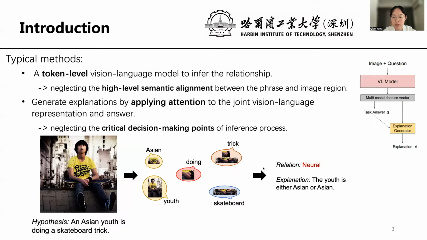Secondly, the above methods generate explanations by solely applying attention to the joint representation, neglecting the critical decision-making points of relation inference. Thus, the explanation is usually confined to limited words. For example, it only attends to Asian use and is irrelevant to the second half of the input.